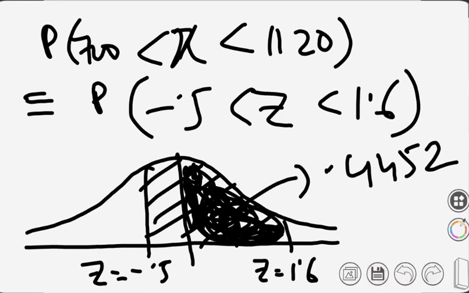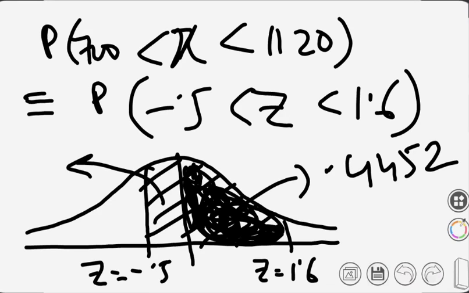And how do we find this other area? For this one, we check 0.5 in the table. How much is the value? 0 to 0.5 is 0.1915. 0.1915 is the right answer. 0 to 0.5 is the same as 0 to minus 0.5.